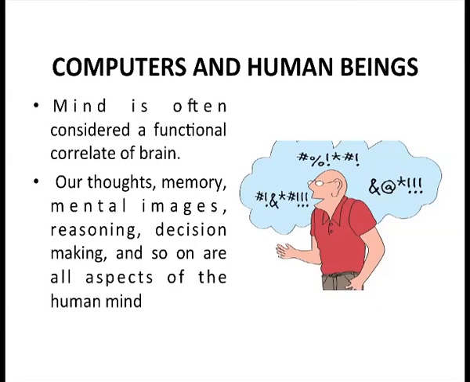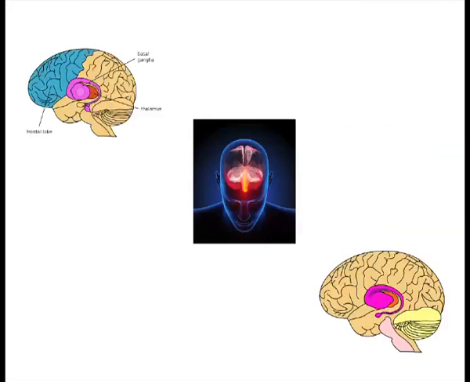Mind is often considered a functional correlate of brain. Our thoughts, memory, mental images, reasoning, decision making and so on are all aspects of the human mind. Brain has a physical structure, for example, neurons, and some physiological action is generated whenever the brain works.